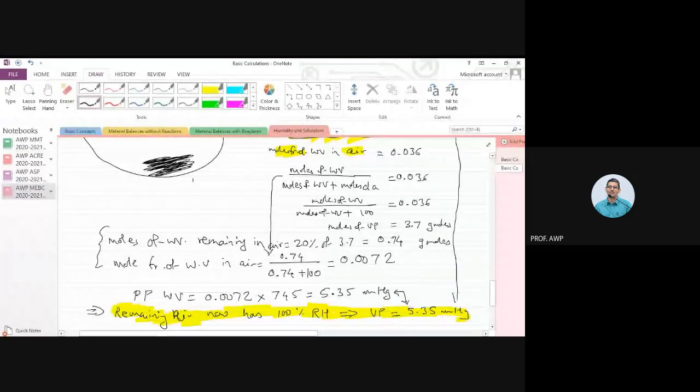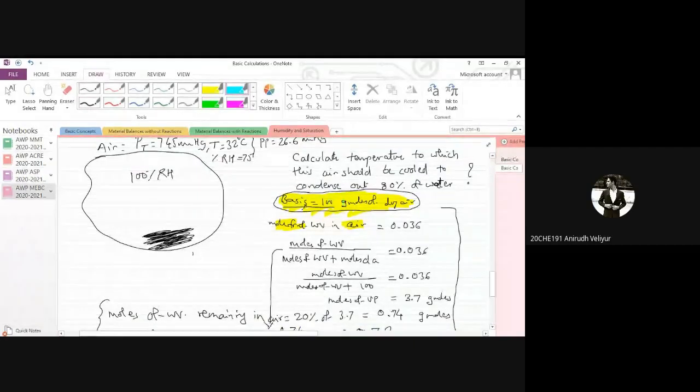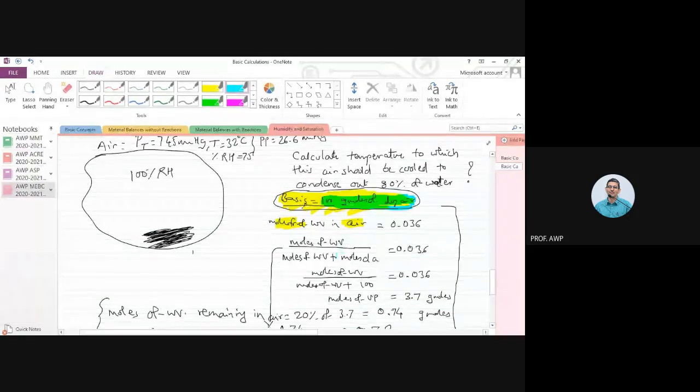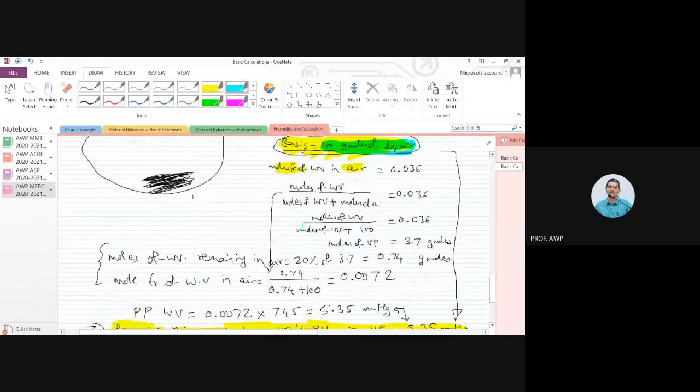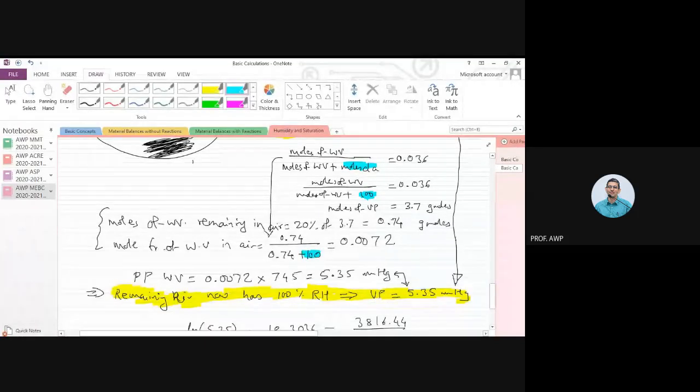All I am saying is you take a basis which you think is convenient, and accordingly do calculations thinking about what is remaining and what is not. Prajot took 100 gram moles of dry air as a basis; this dry air became 100, therefore this became 100. It was very convenient for him because it did not change.